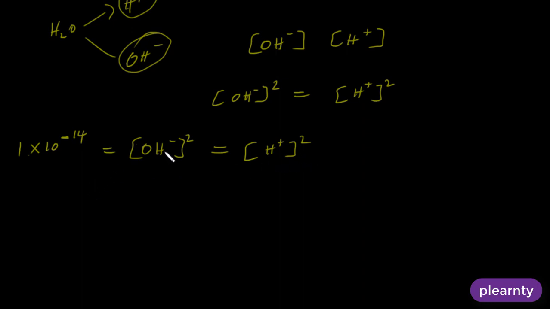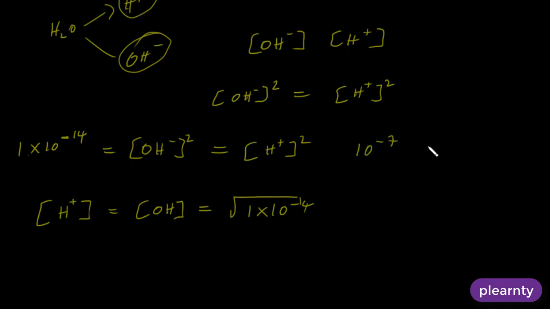Now, if we want to look for concentration of H or OH, let's say concentration of H or concentration of OH, it will be equal to the square root of 1 times 10 raised to power minus 14. And this is straightforward, because for you to have 10 raised to power minus 14, all you have to say is 10 raised to power minus 7 times 10 raised to power minus 7.